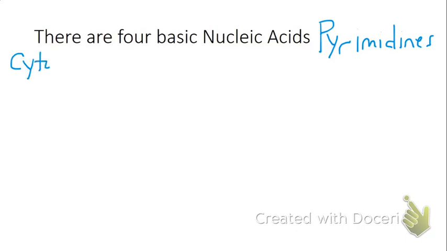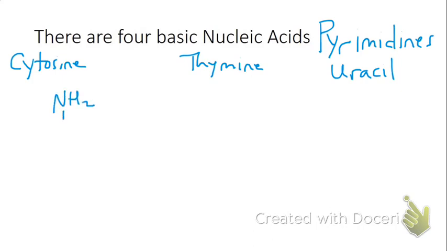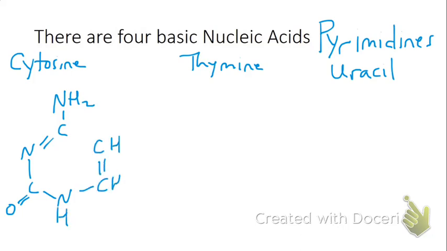So we have cytosine, we have thymine, and we also have an extra pyrimidine, uracil. So cytosine looks like this. And again, we'll see very similar structures of the pyrimidines.